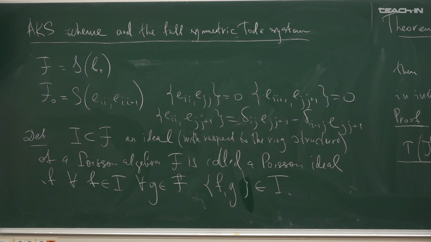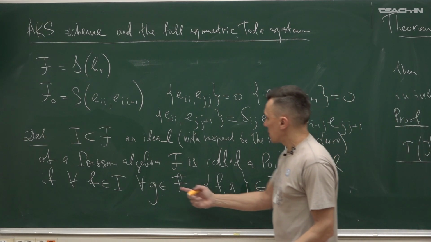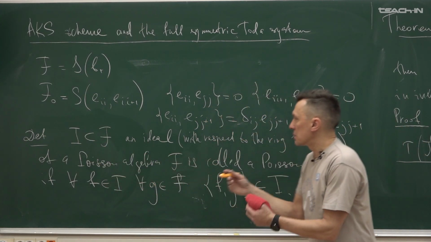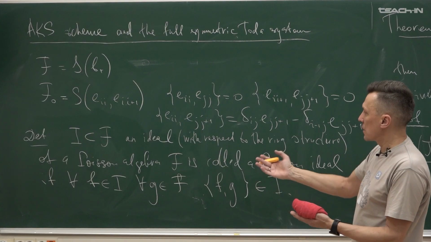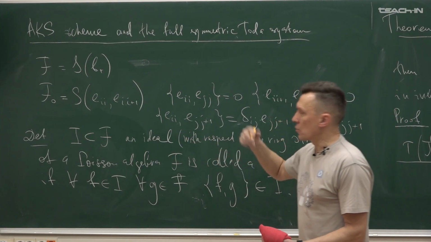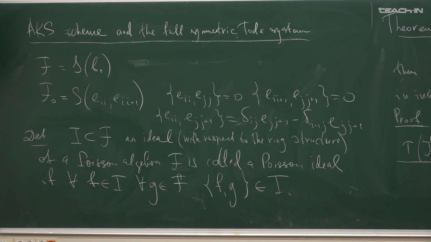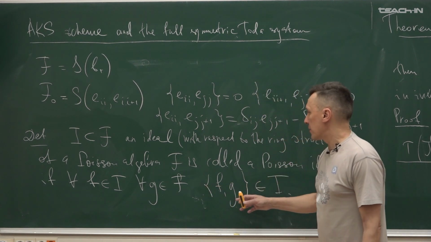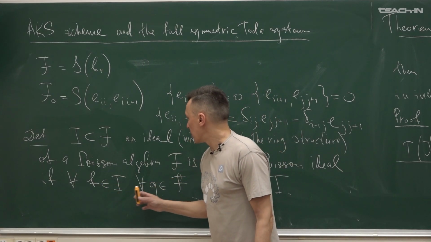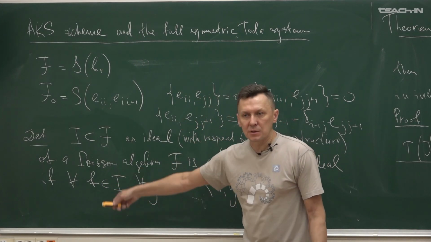If you remember what an ideal in a ring is, it's quite a direct generalization to the Poisson framework. We consider an ideal, so we can multiply the functions from I by all functions from F. But now we ask that the Poisson bracket of an element of the ideal with all functions should lie in the ideal.